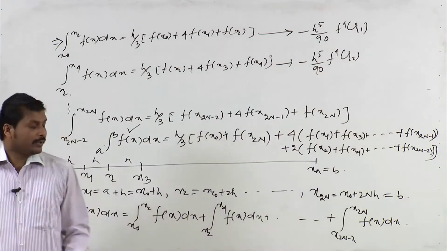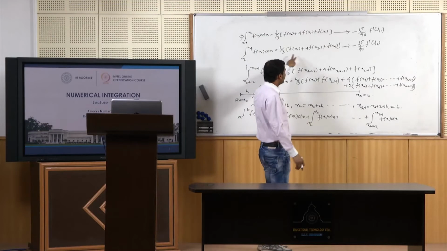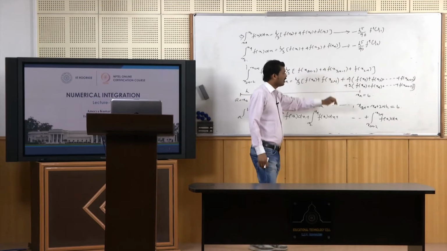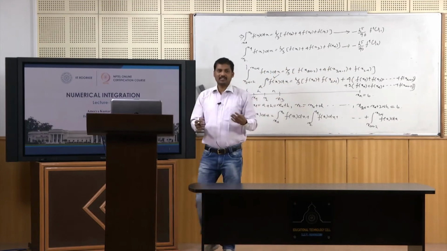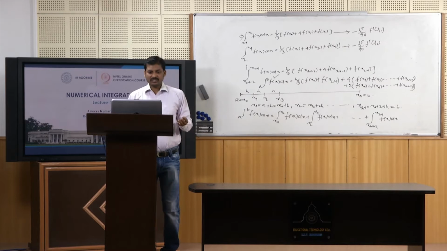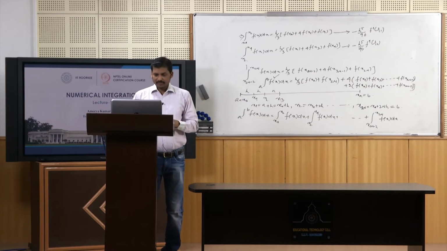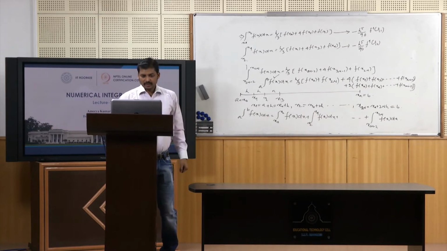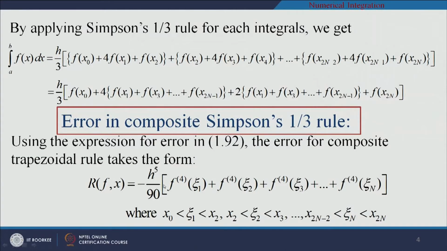Likewise, in each of these intervals, if we take these error terms and add all of them, we get minus h to the power 5 by 90 times f to the power 4 of zeta 1 plus f to the power 4 of zeta 2 up to f to the power 4 of zeta n.